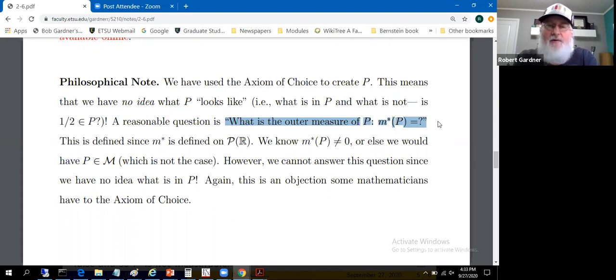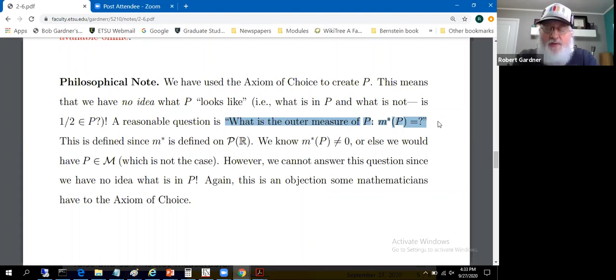Well, I don't know how this choice function has created set P. I know this, the outer measure of P is strictly greater than 0. Monotonicity, it's a subset of the interval 0, 1, tells me set P has outer measure less than or equal to 1. So I know the measure is between 0 and 1. That's about all I got.